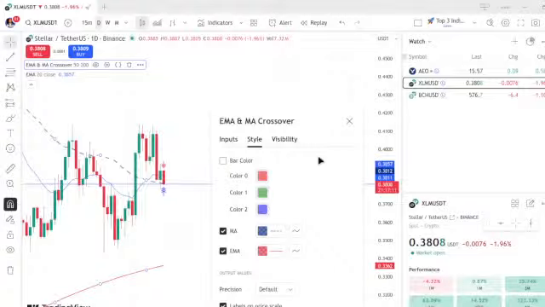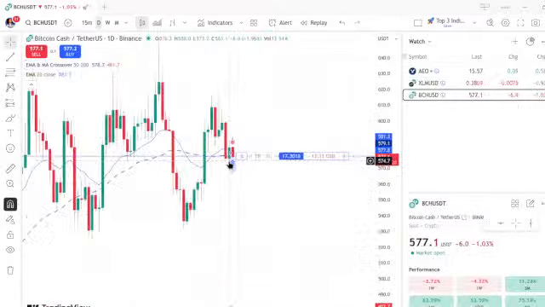So remember, the pullback has to be below the 50-day moving average. Now you've noticed this is the bullish harami, right? This bullish harami is giving you a buy signal. So first the buy signal comes in, then the pullback. That pullback has to be below the 50-day moving average.